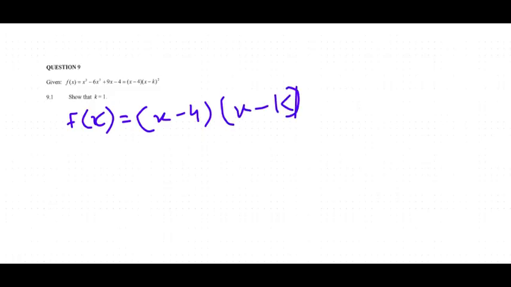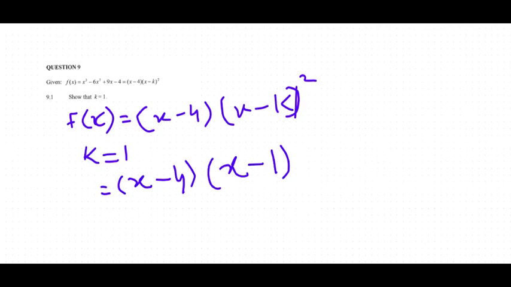So x minus 4 into x minus 1 whole squared, because I put the value of k, and now expand this whole term. I apply the formula for a minus b whole squared. We have x squared plus 1 squared minus 2x. So I'm going to multiply x with all the terms and then minus 4 with all the terms.